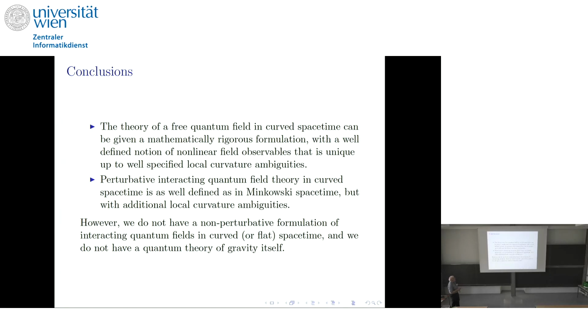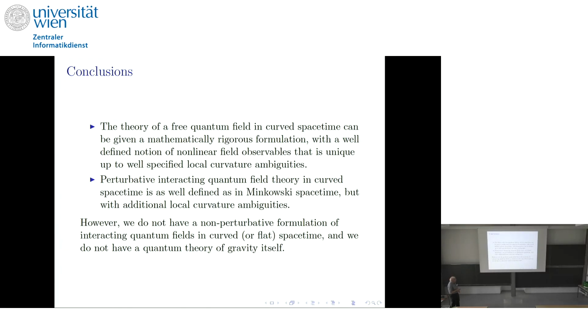So what I hope I've shown you in this talk is that the theory of a free quantum field in a fixed curved space-time can be given a completely rigorous formulation with a well-defined notion of nonlinear field observables that's uniquely specified up to some local curvature ambiguities.